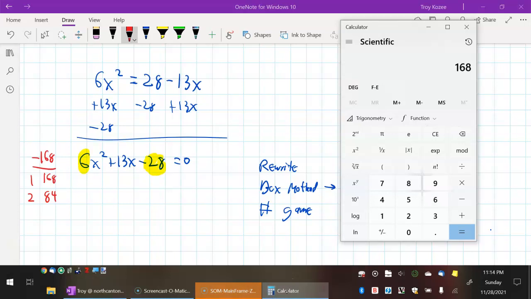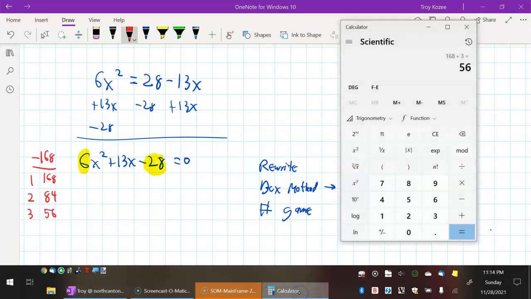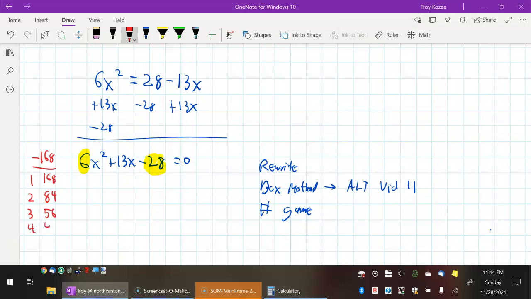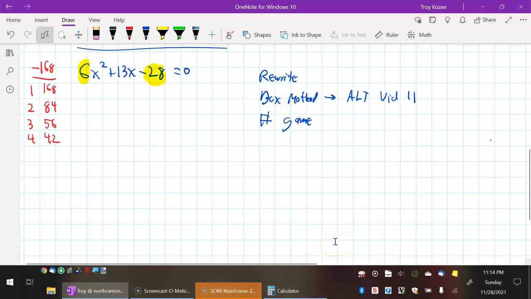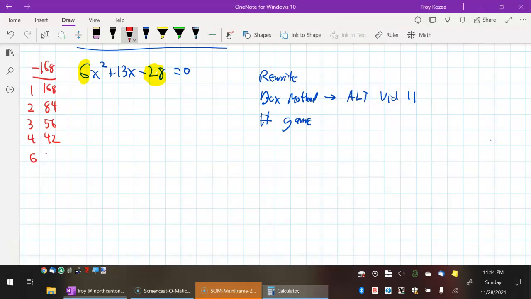So 168 divided by 3 is 56. 3 and 56, no. 168 divided by 4 is 42. We are getting closer, but these are not 13 apart. Now, because 2 and 3 work, 6 is going to work. 168 divided by 6 is 28. 6 and 28.